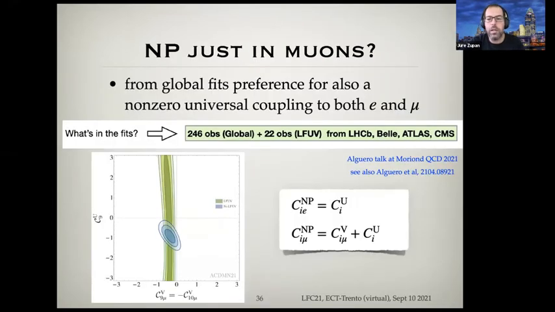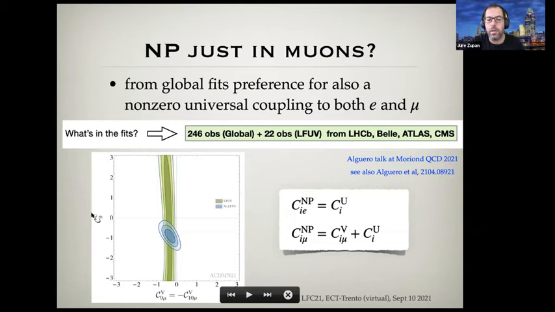Now, there's so much data that you can maybe start even relaxing the assumption about having physics only in the muon. So if you allow for a contribution which is universal, so both the electron and the muon have it, this is C9U here.